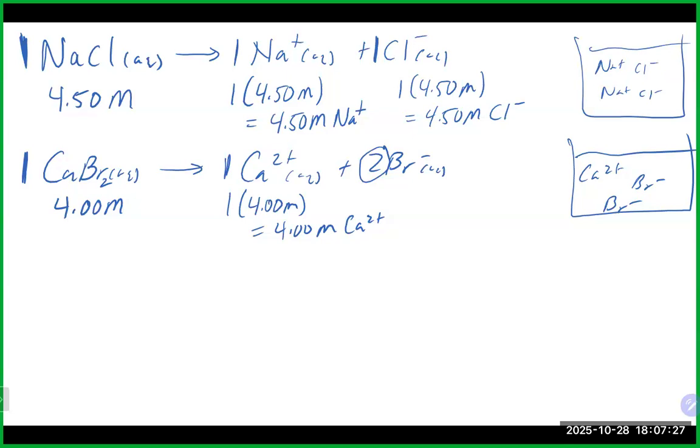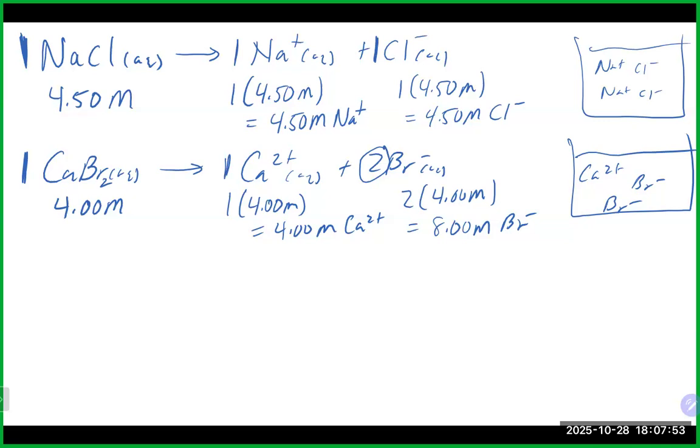So the way the concentration gets adjusted is 2 times the molarity, and that would give us 8 molar of our bromide ions in this case. So this is the quick way to do it. If it broke apart into a 1-to-3, you would multiply the concentration by 3, and so forth.